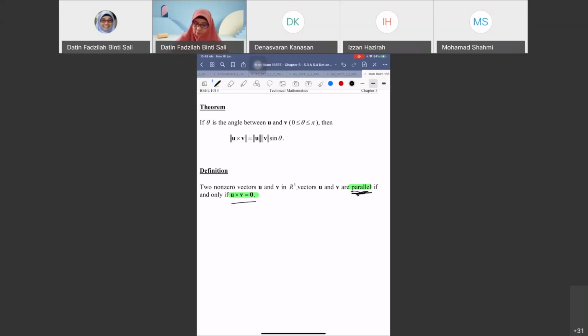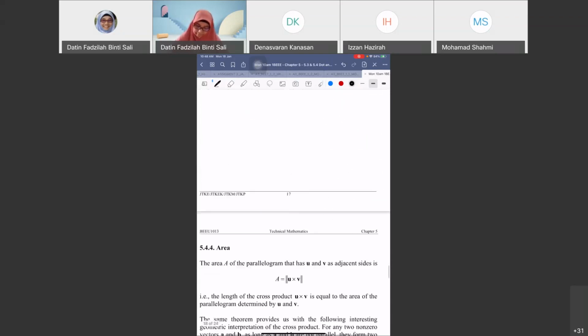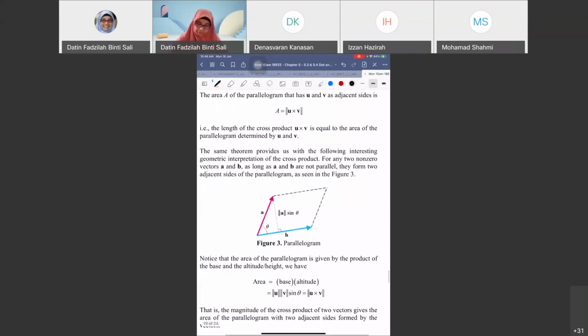So if the word is parallel, it is the cross product. If the word is orthogonal, it is the dot product. Don't get confused.